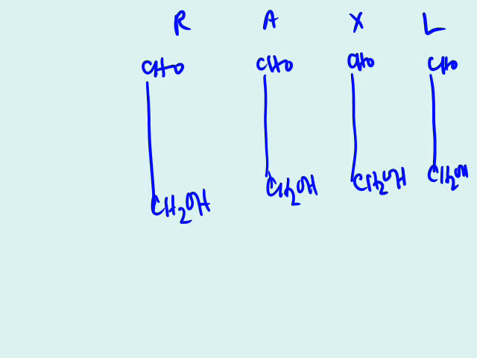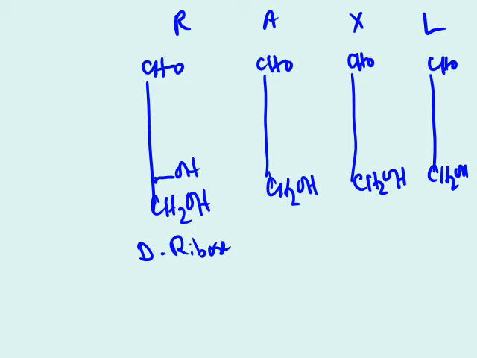And I'm going to write down all the D configurations. So first I'm going to write down D-ribose. I may not have space to spell each such sugar, but since it's D-ribose, the OH group at the bottom chirality center would be on the right. So that's OH.